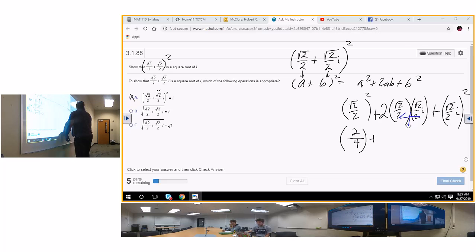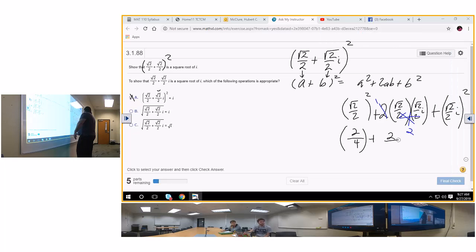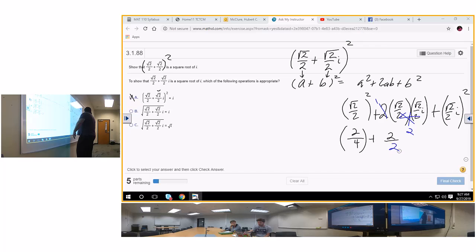And what happens with the 2 and the 4? 2, that goes out. So you're left with the square root of 2 times the square root of 2. What's the square root of 2 times the square root of 2? The square root of 4, which is 2. So we get 2 over 2 and i.